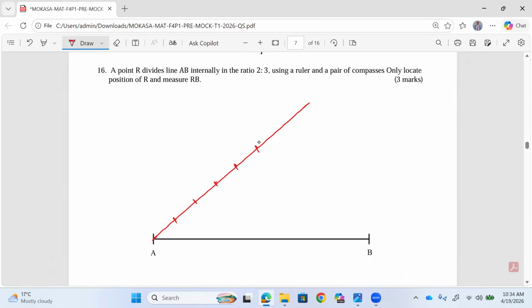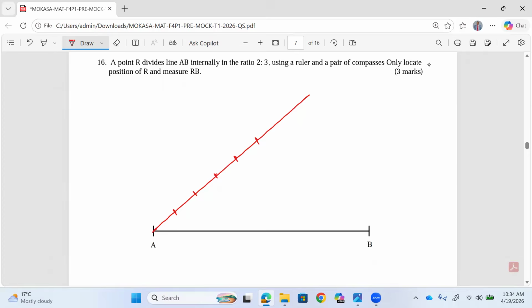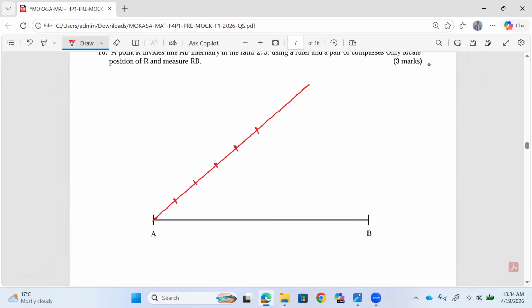They don't actually have to be measured. You just need to have 5 equal proportions.